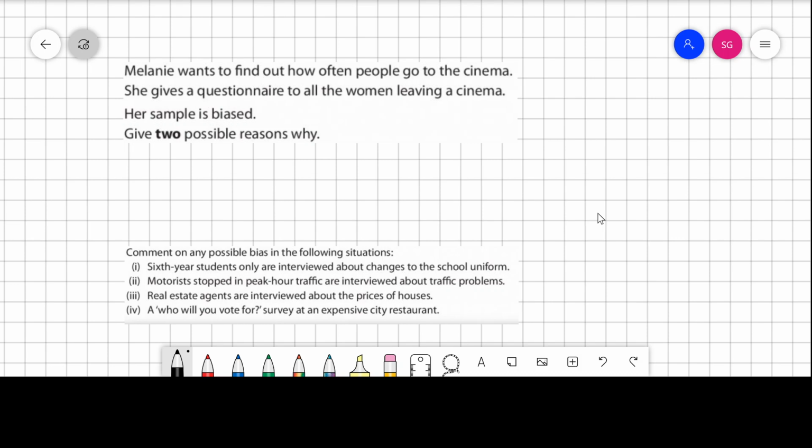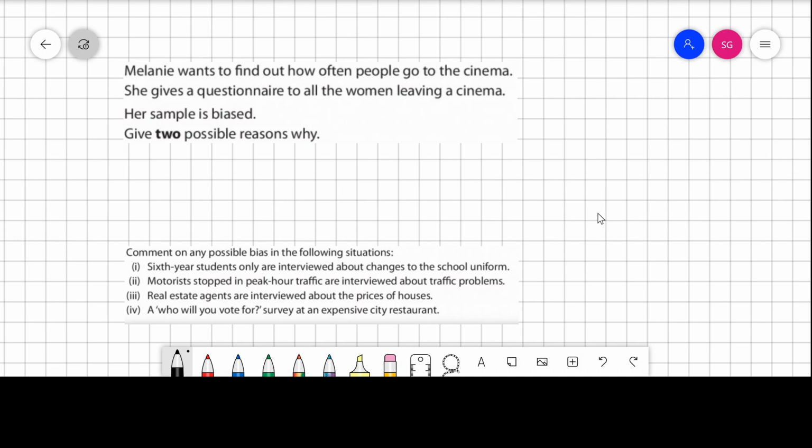And then finally, she's giving the questionnaire to people leaving one particular cinema. So if that cinema has a very small catchment area, if it's the local cinema in a small town, it's likely that that's capturing all the people who regularly go to the cinema.